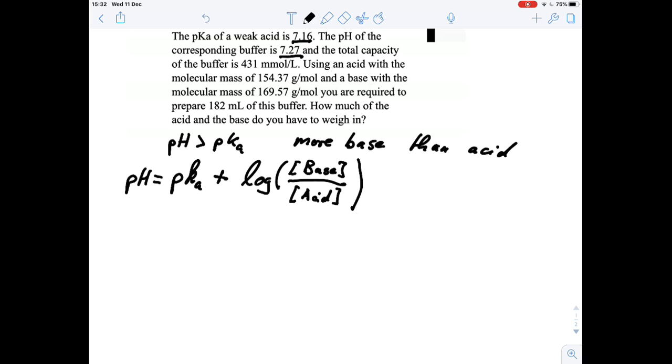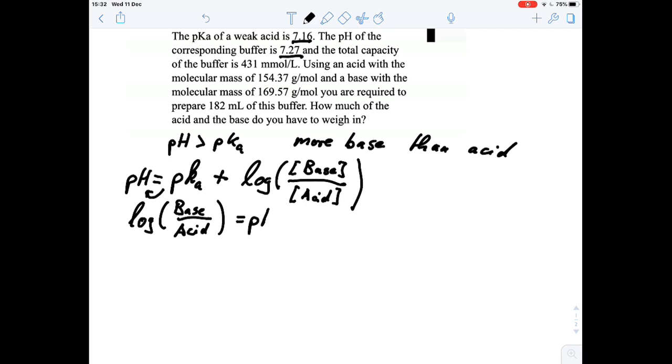And now I just need to rearrange this equation. So I have log base over acid equals, we bring this pKa to the other side.